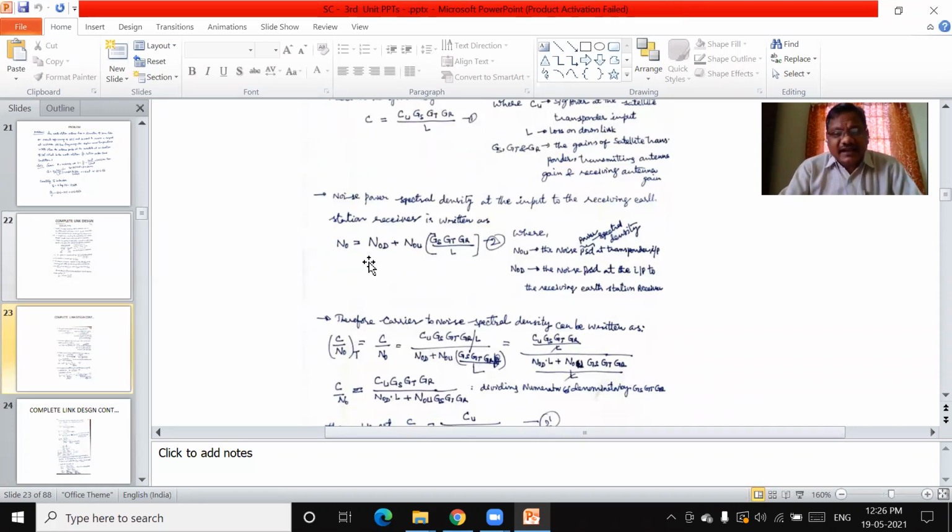NOD is nothing but the noise power spectral density for downlink. And this is the carrier power that is available at the input of the receiving earth station antenna.